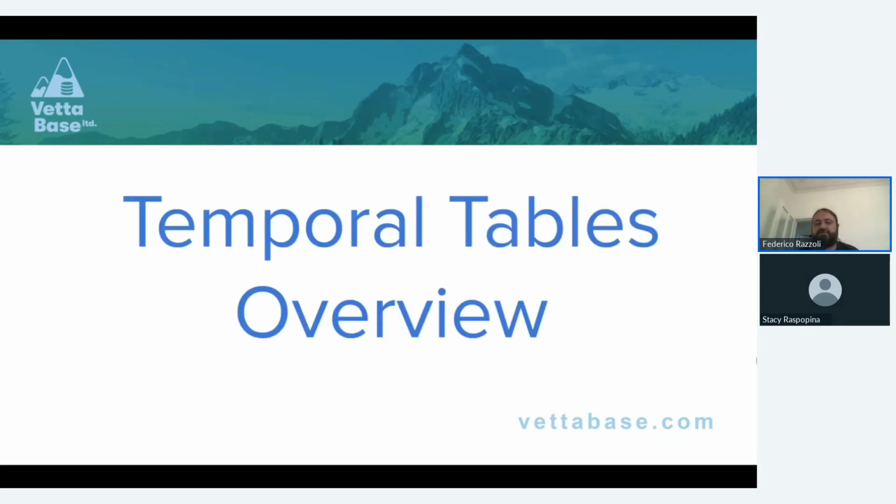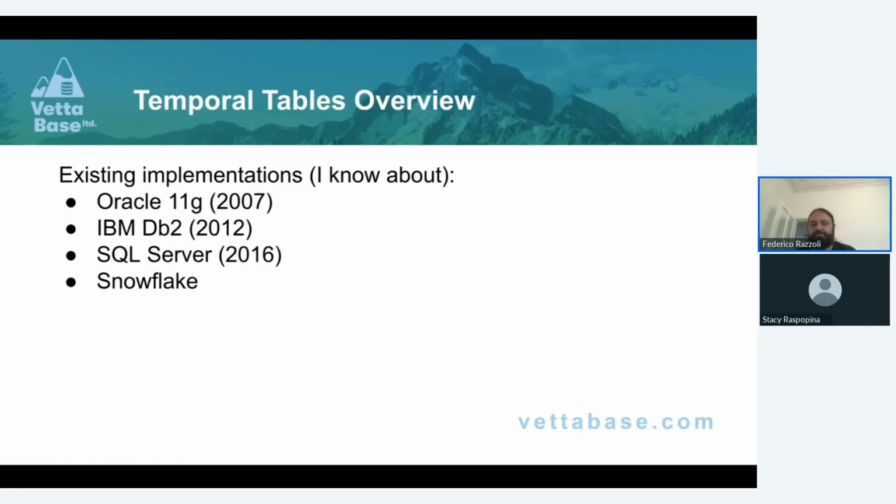So let's do a temporal tables overview. First of all, where are they implemented? Interestingly, they are almost missing in open source databases. They were implemented in Oracle, IBM, SQL Server, Snowflake.